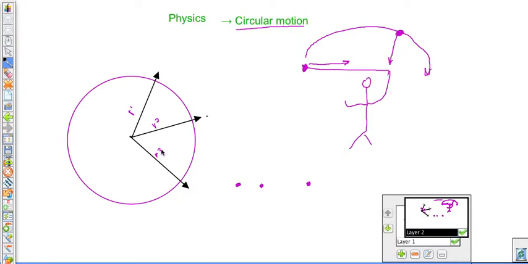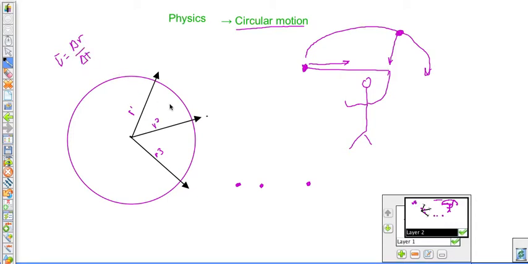You can understand that these are radiuses of the circle. And because velocity is a change in displacement over a change in time, there's a certain amount of time it's going to take for your object to whir from here to here to here. And so velocity in circular motion equals a change in a radius over a change in time.